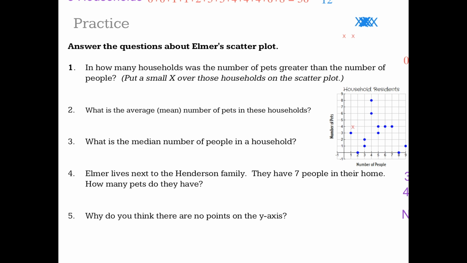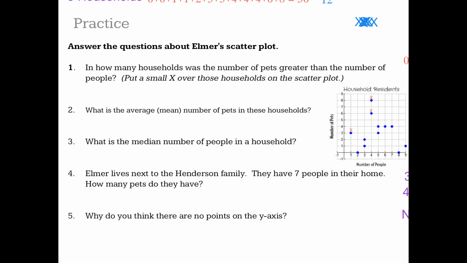In the first spot, there's one person in the house and 3 pets, so there are more pets than people, and that gets an X. The next one has 2 people in the house but no pets, so that doesn't work. I've got 3 people in the house with 1 pet and 2 pets, that doesn't work. Then 4 people in the house with 6 pets, that's more than 4. Again, 4 people in the house with 8 pets, that's way more.